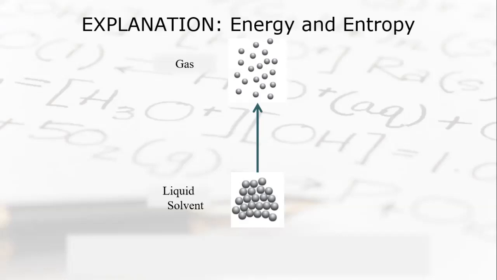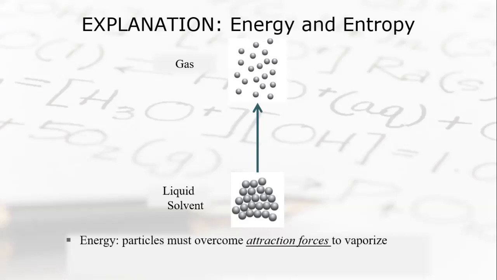You can see here a couple of things happening as you vaporize the liquid. Number one, the particles of the liquid have to overcome attraction forces in order to vaporize. Remember, vaporization is an endothermic process. You have to put energy in so that the liquid particles will separate from each other against the forces of attraction that want to keep them together. So energy is required as an input in that process.